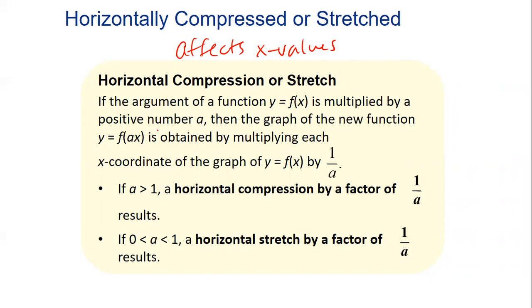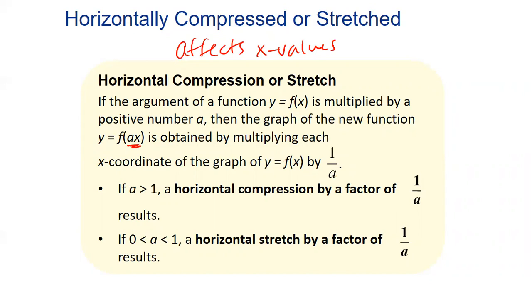So it looks like it's a times x, right? It's not at all, okay? It's divide, it's a liar. You're actually dividing each one of your x values by that, okay? That is why we write it as a fraction, 1 over a. Because what is a fraction? Fraction is division, correct? All right.